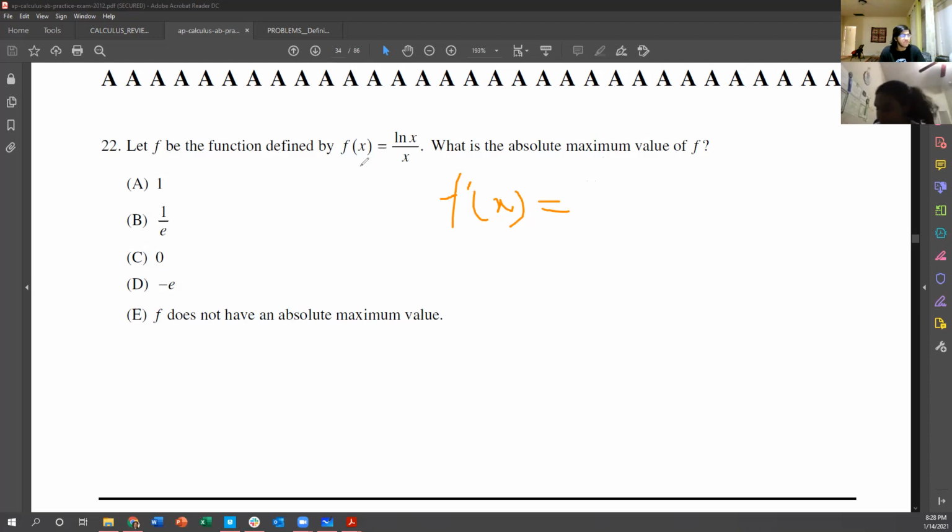So you can think of that as 1 over x times ln x. So the derivative of the first function is negative 1 over x squared times the second function plus the derivative of the second function times the first function. So 1 over x squared.